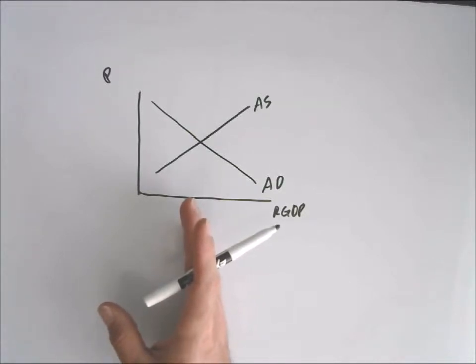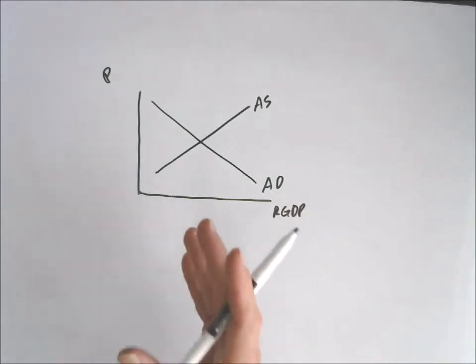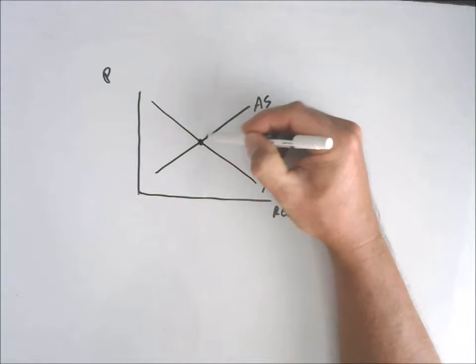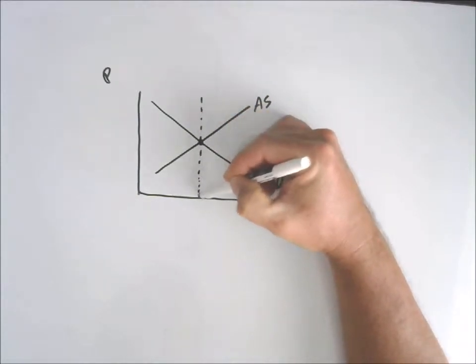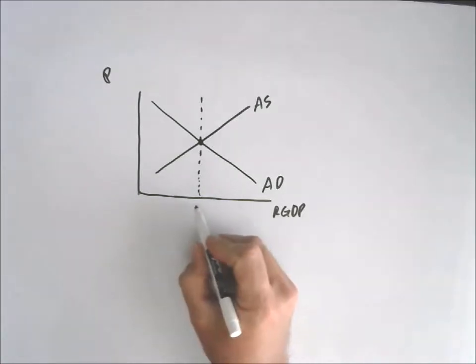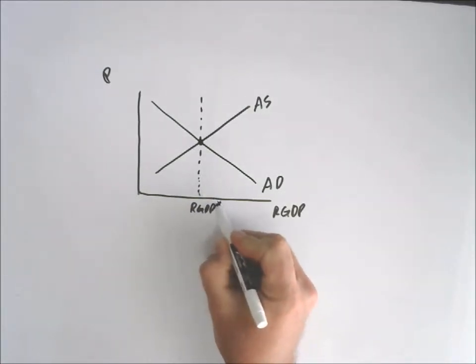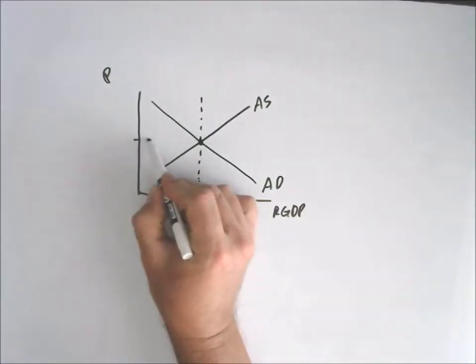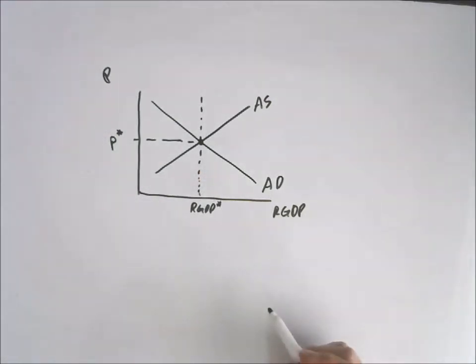In other words, it's fully employed with its existing level of technology, etc. And that would be, say, this initial level of equilibrium. And so we will call that our GDP star. That's our initial equilibrium level, and this is our initial price level at full employment.